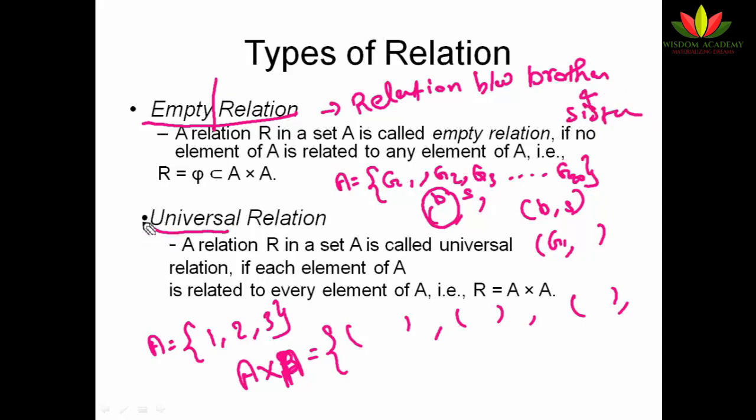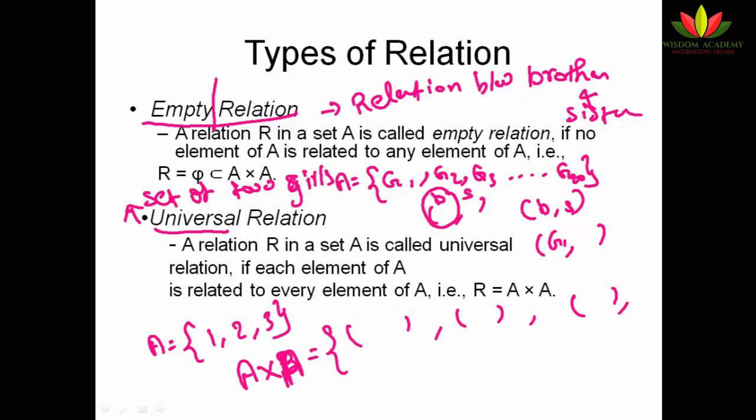But for the universal relation, with the same set, the relation is a set of two girls. I want to select all the possible ordered pairs, and in each ordered pair both should be girls. Since all the members are girls, I will get a universal relation.